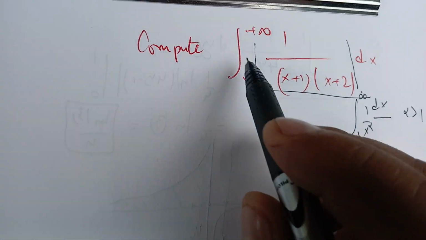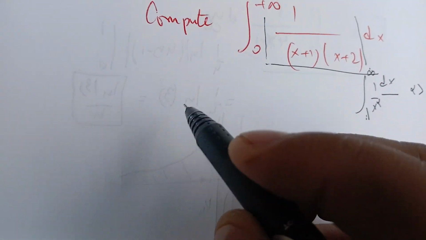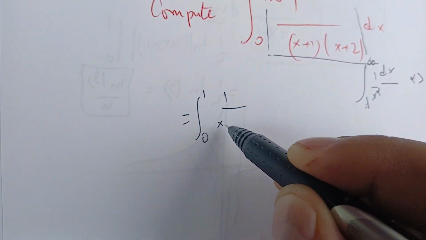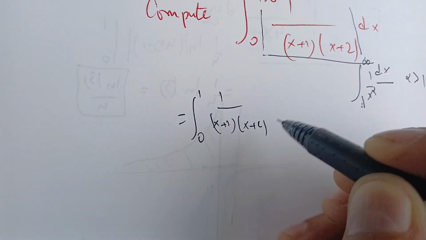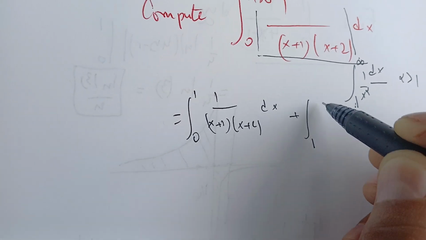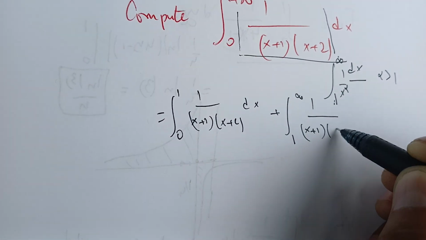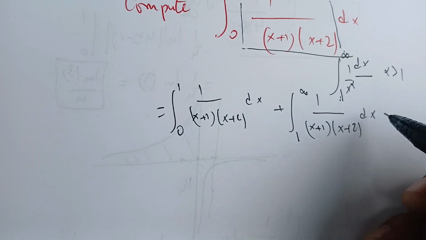So we're going to use this one here. We're going to split this integral into two parts: from 0 to 1 of 1 over (x plus 1) times (x plus 2) dx, plus from 1 to infinity of 1 over (x plus 1) times (x plus 2) dx.